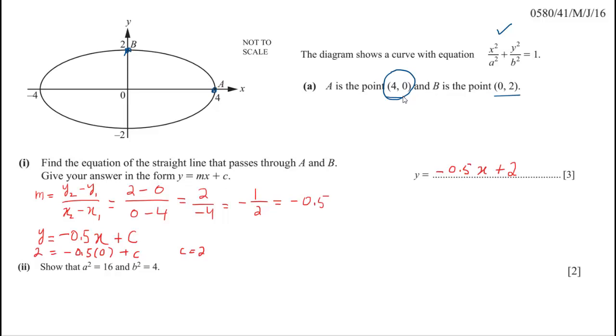So the reason is that any point which is on the graph, when we put into the equation, the equation will remain balanced. These points which are on the graph do not disturb the balance of the equation. And if you put any point which is not on the graph, maybe inside or outside, in that case the equation will not be balanced.